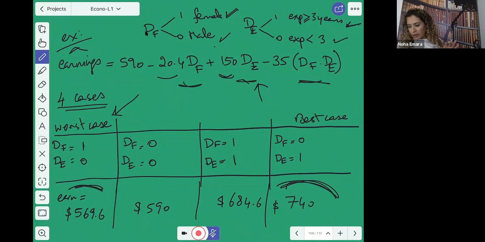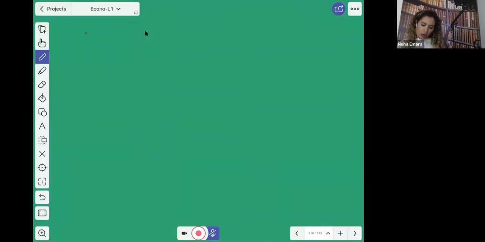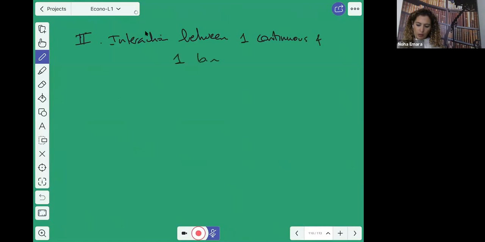Our next case, which is number 2, is what if I have an interaction between one continuous and one binary or dummy variable. Okay, so suppose I have this model.